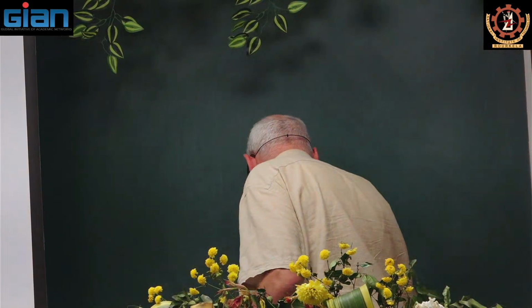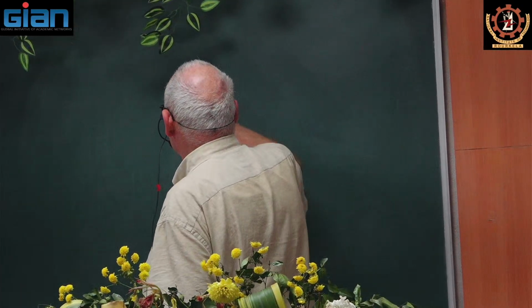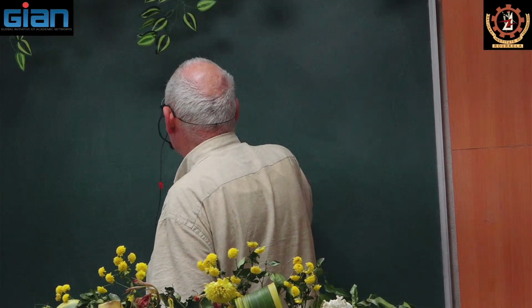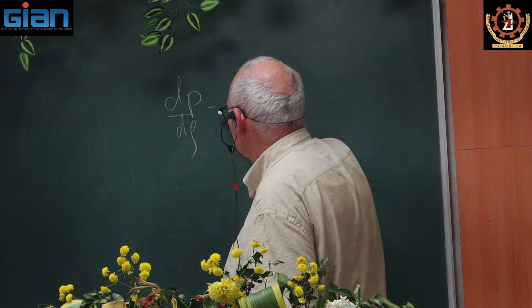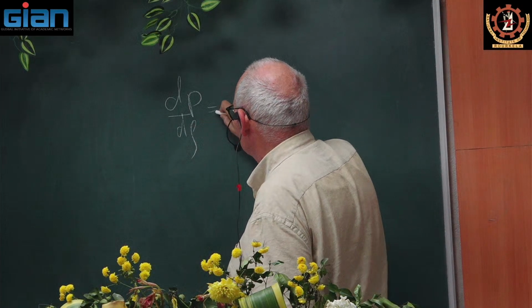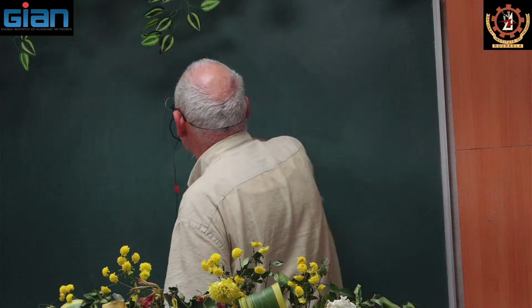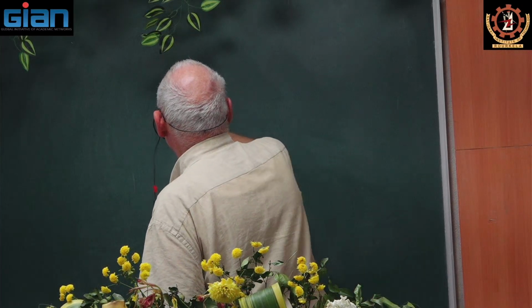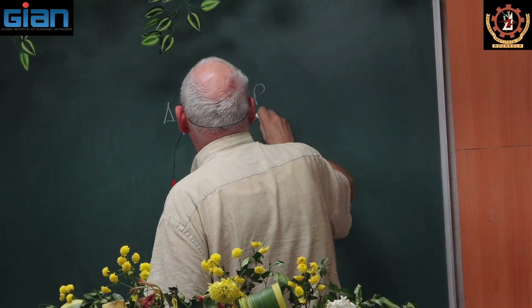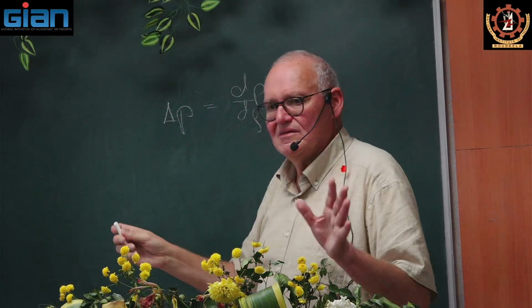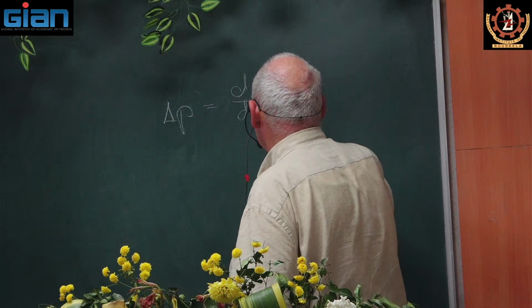But let's consider the change of pressure, dp by d rho. That's where this comes from. Delta p is equal to dp by d rho times delta rho, keeping constant something, which can be adiabatic or temperature.